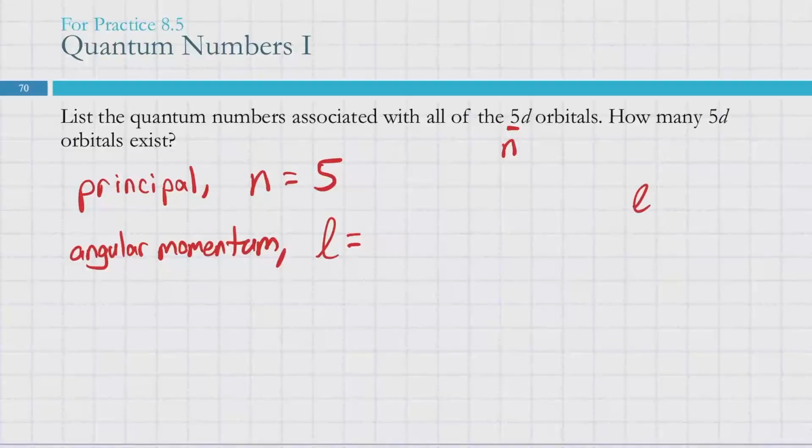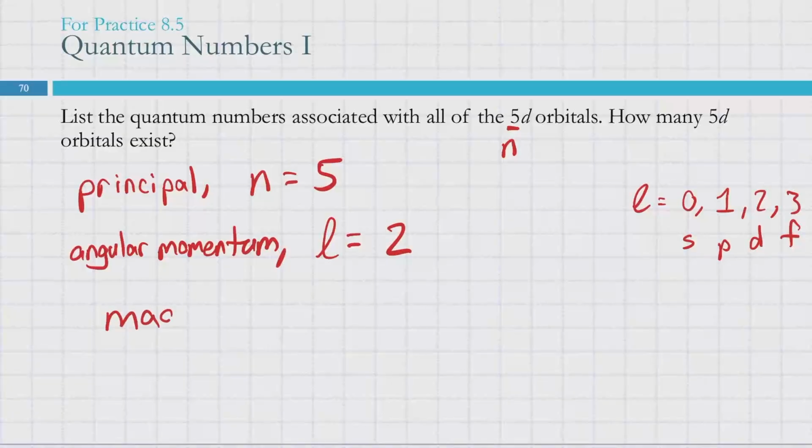For L, 0, 1, 2, 3 correspond to the letters S, P, D, and F. So we have d. That means that our L is equal to 2.